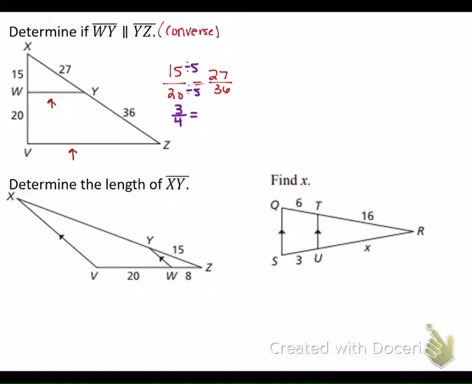Hayden, what goes into 27 and 36? Are those in proportion with each other? Yep, they are. The ratios are the same, so WY is parallel to YZ.